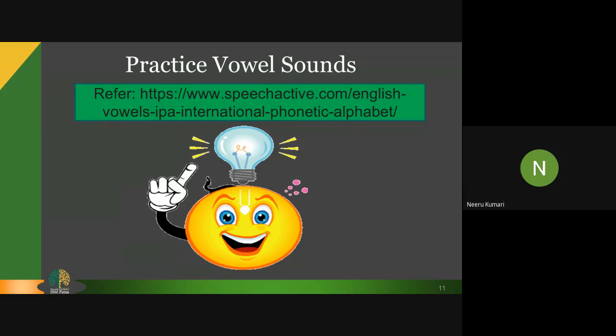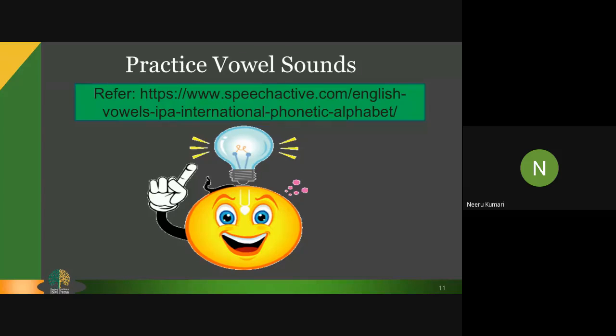Now, if you believe that by just seeing the letters such as A, E, I, O, U, you can identify the vowel, you are mistaken. You are certainly mistaken. To be very precise about this, you should remember the sound that is produced, the first sound, A. Now, A can be produced in three different ways.